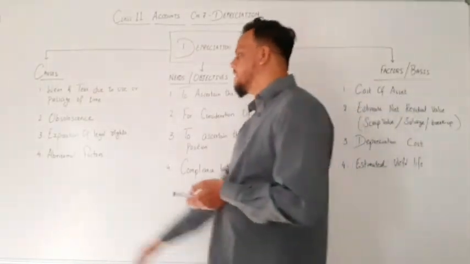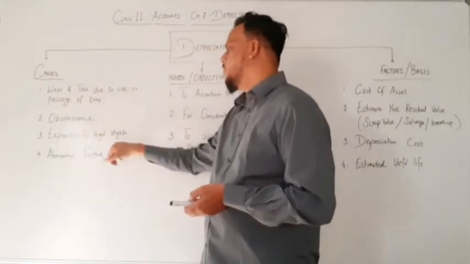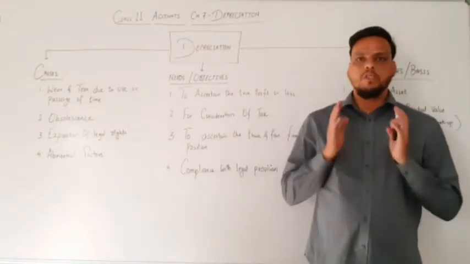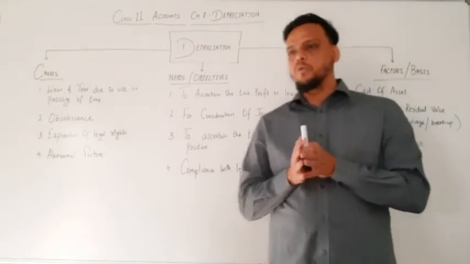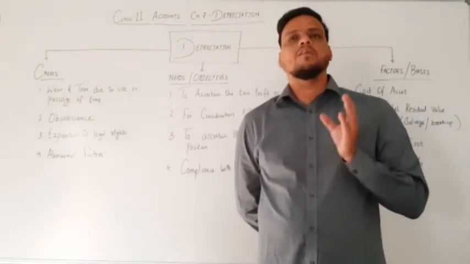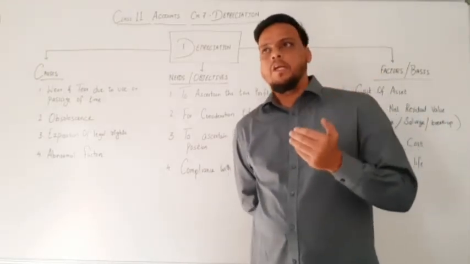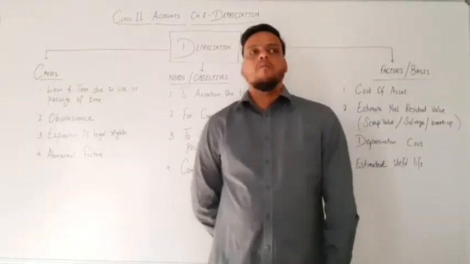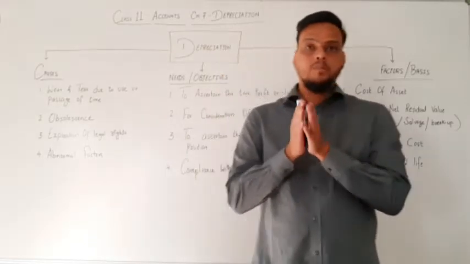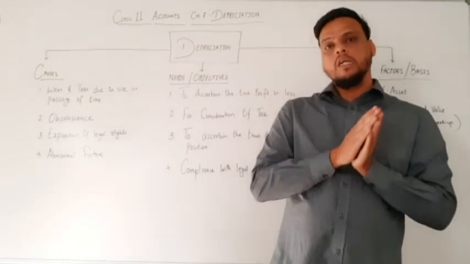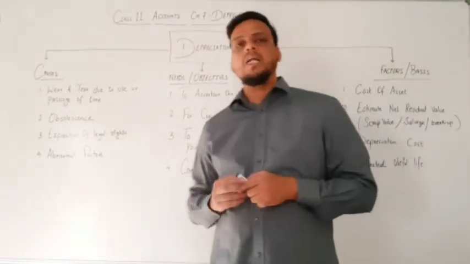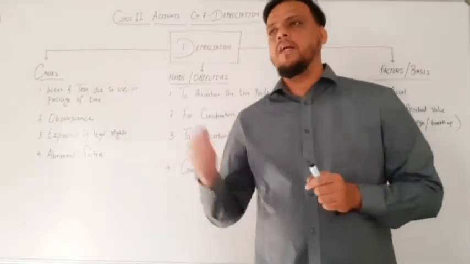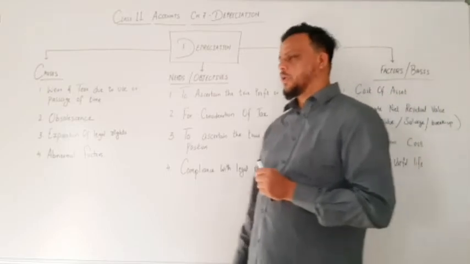Now the next point is expiration of legal rights. Expiration of legal rights means the machines which you are using have a certain period of time. For example, if you are purchasing a vehicle, the vehicle has a certain expiry date which has been allotted by the company. Along with that, the RTO, the Regional Transport Office, also provides you an expiry date for that particular machine.